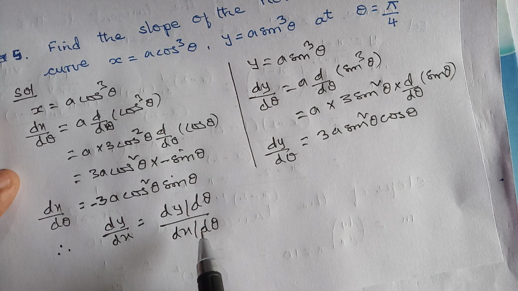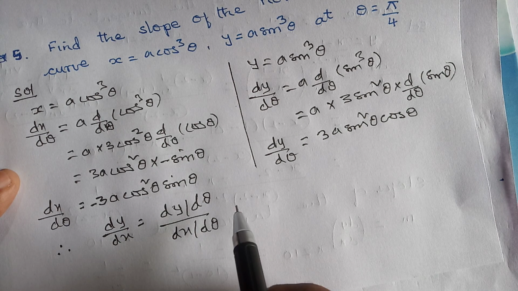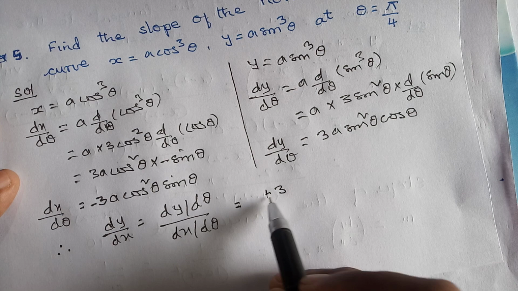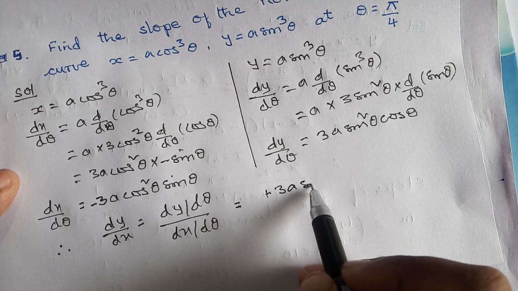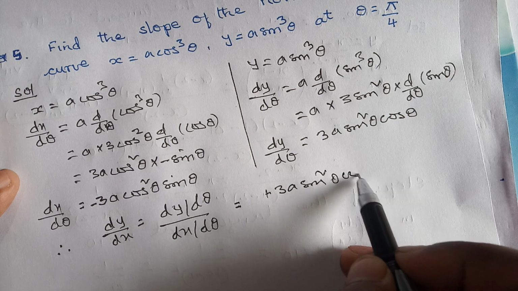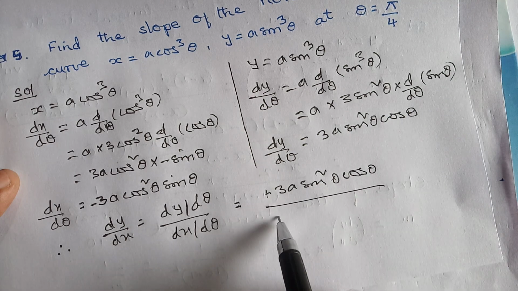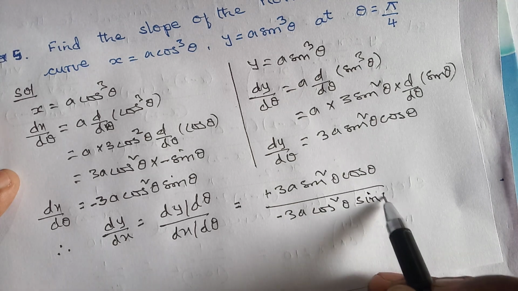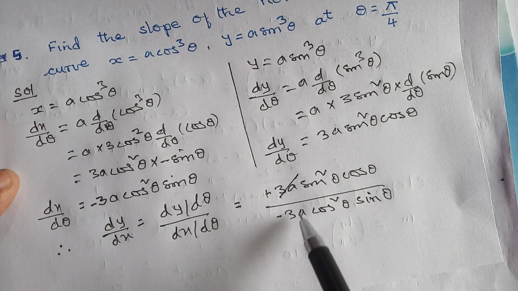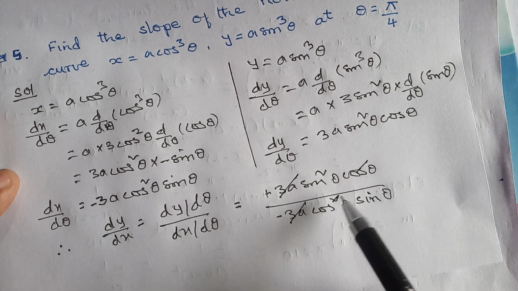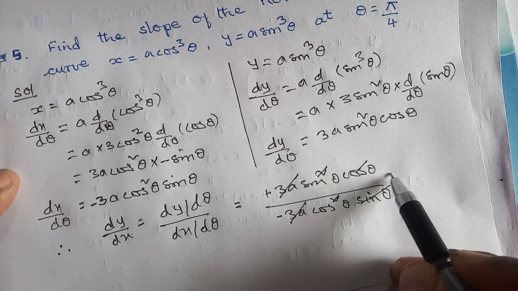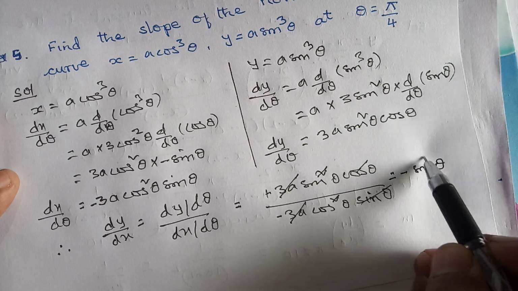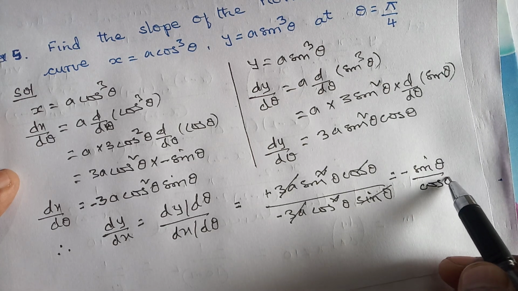That is 3a sin squared theta cos theta divided by minus 3a cos squared theta sin theta. The 3a cancels, cos cancels, sin cancels, and what is left is minus, with sin theta in the numerator and cos theta in the denominator.